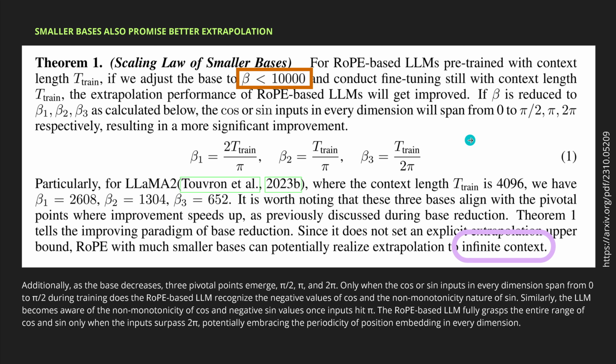And now, unfortunately, we have this because we have a periodicity in the system. They say now, since it does not set an explicit extrapolation upper bound, RoPE with a much smaller base like 652 or 500 can potentially, theoretically, realize an extrapolation to infinity.